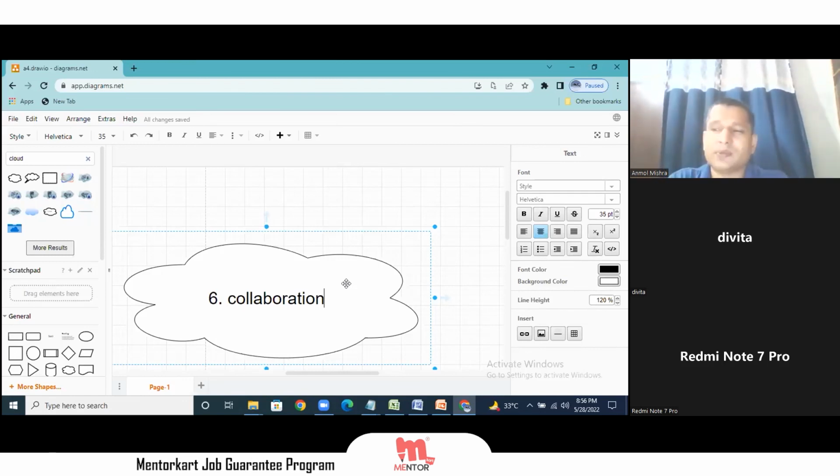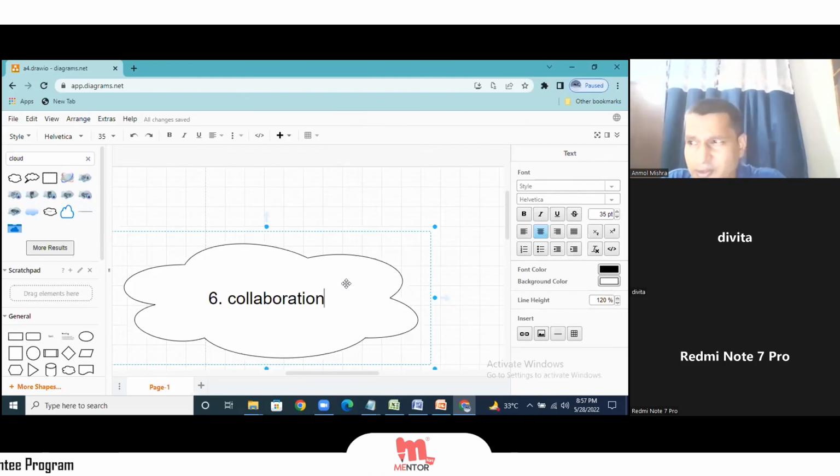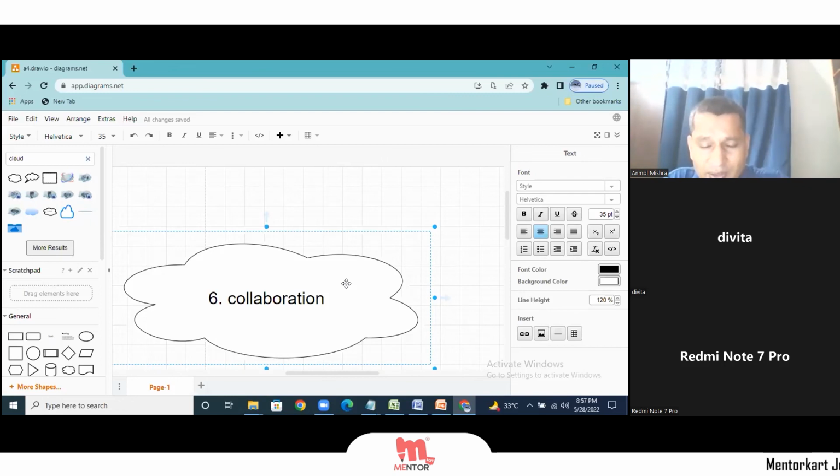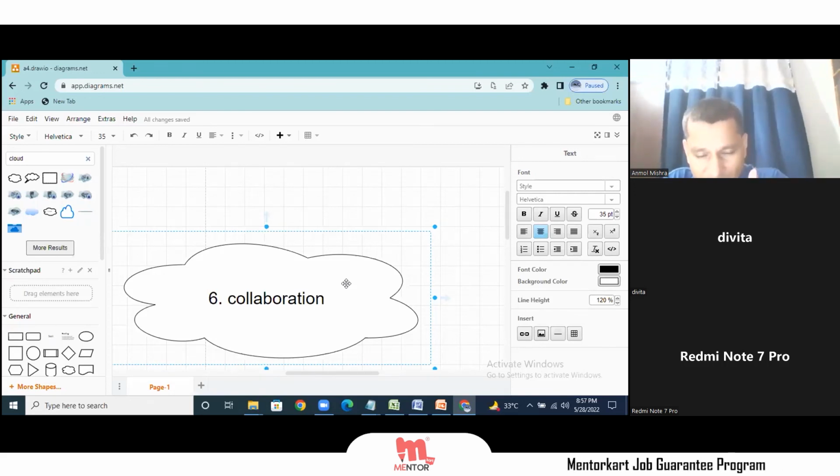So collaboration means the cloud environment enables better collaboration across teams, that is developers, operations, security, and product architects sitting in the background, and they can operate your infrastructure, so your infrastructure will be available 24/7 and without issues. There is no downtime.